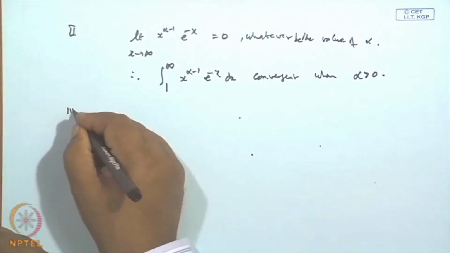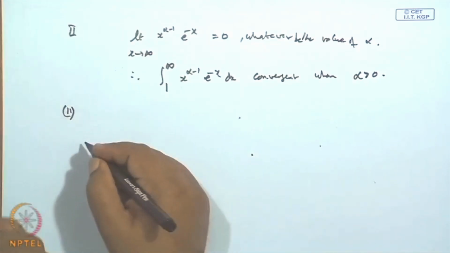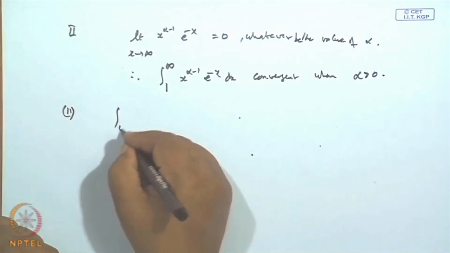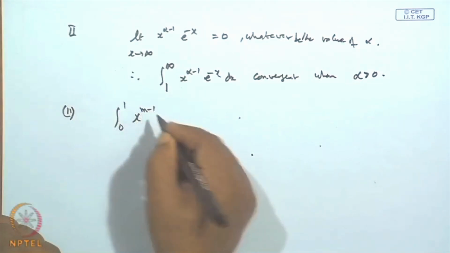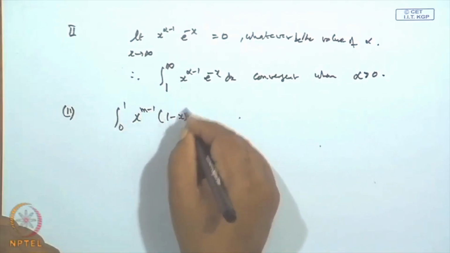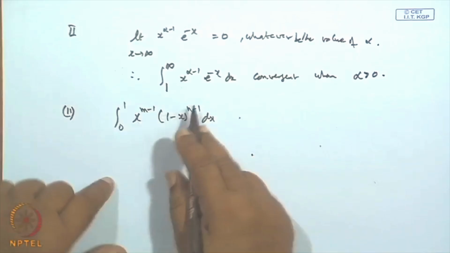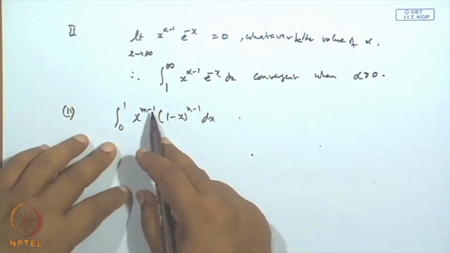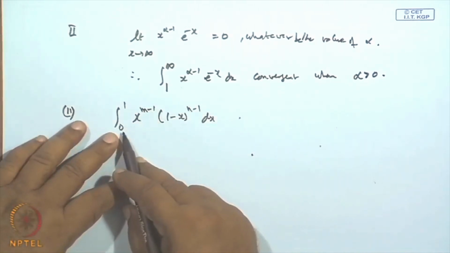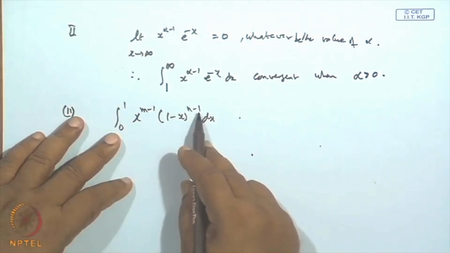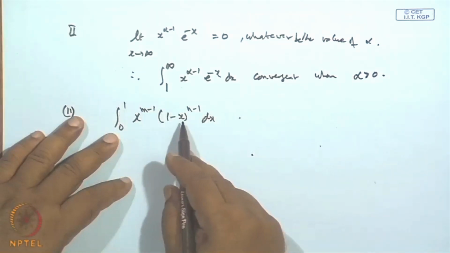The second integral is again 0 to 1 of x to the power m minus 1 times (1 minus x) raised to the power n minus 1 dx. Here again it depends on m. Suppose m is less than 1, then at this point it is diverging. When n is less than 1, at the upper point it is again diverging.